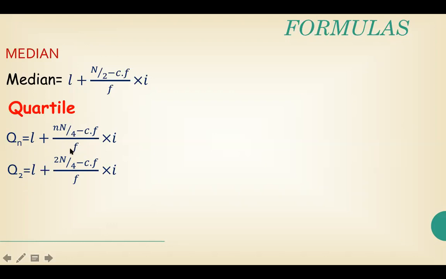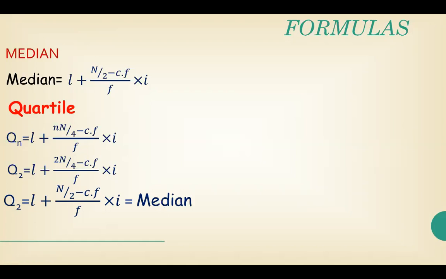Because we have divided the data set into 4 equal parts. Now we will simplify this formula. Here 2 ones are 2 and 2 fours are 4, so it will become n by 2, and this formula is the same as that of the median. This means that the second quartile Q2 is that point in the data set which divides the data set into two equal parts, and that is the same as the median.